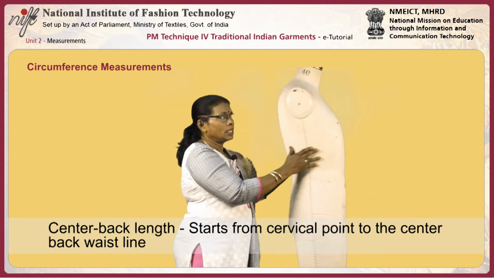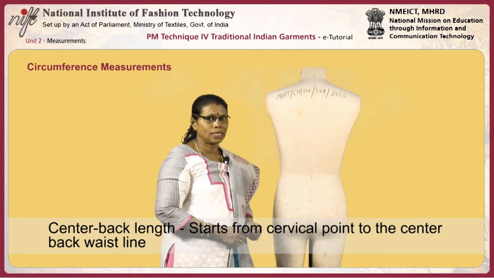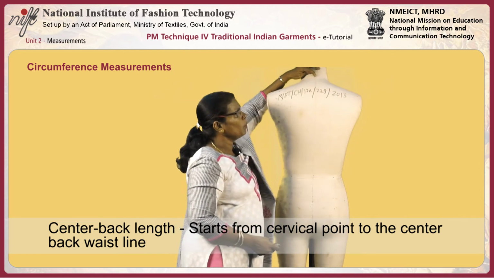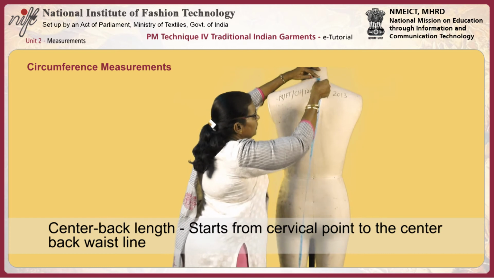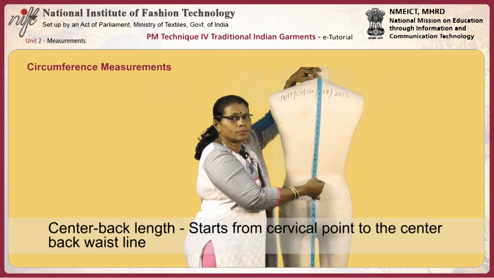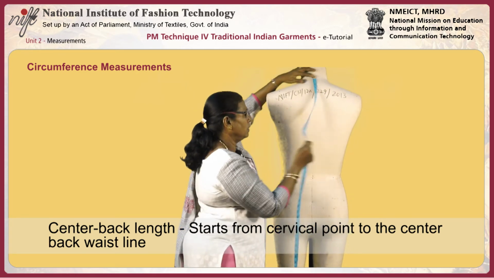Next, center back length or the natural waist length starts from the cervical point or the center neck point to the center back waistline. This is natural waist length.